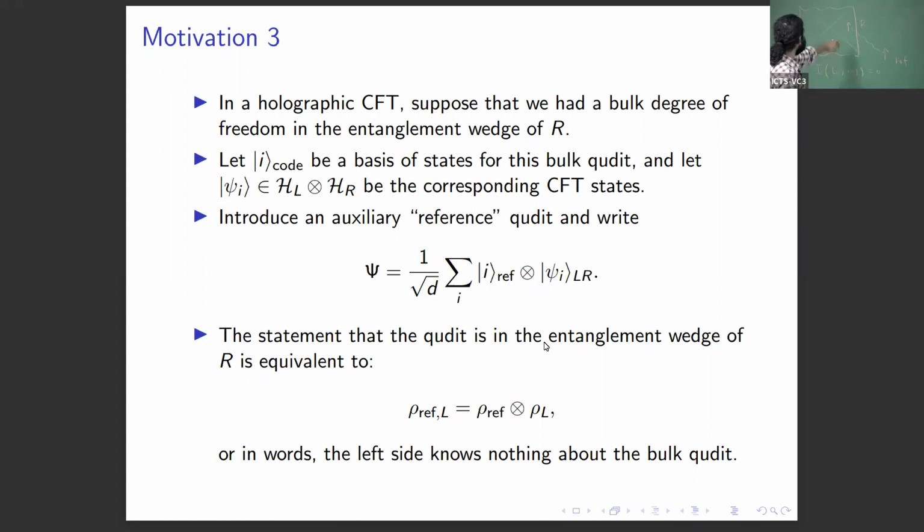It's because this reference system is just entangled with this particular qubit, and that qubit is somehow encoded in R. If you just compute this mutual information, let's say using the Ryu-Takayanagi formula, because the mutual information is a sum of terms involving entanglement entropies, each one of those you compute using the Ryu-Takayanagi formula, and you'll find that this is 0, precisely in the situation where this qubit is in the entanglement wedge of the right system.